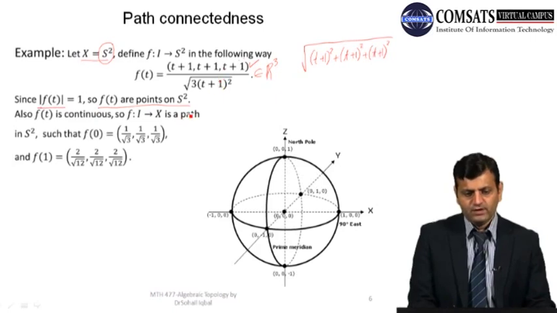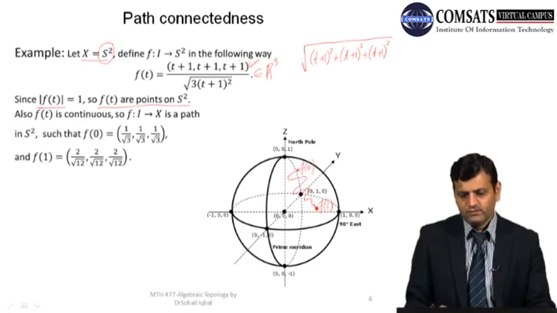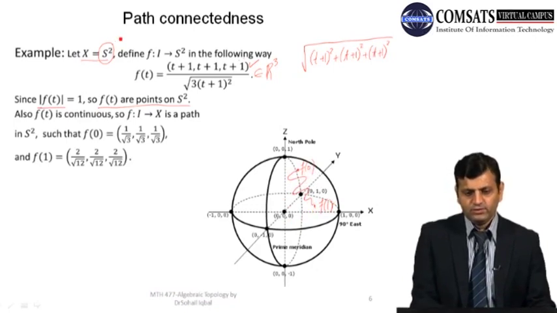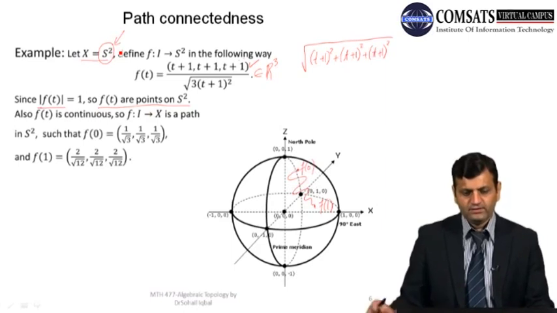So it is a continuous path, and the initial point is 1 by square root 3, 1 by square root 3, and 1 by square root 3, and f of 1 is the final point, which will be somewhere in the first quadrant. So let's say this is our f of 0, and this is our f of 1 somewhere over there. This is the path from f of 0 to f of 1, and this path is totally contained in the sphere S2.